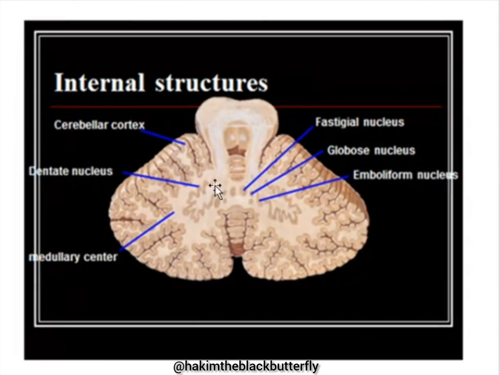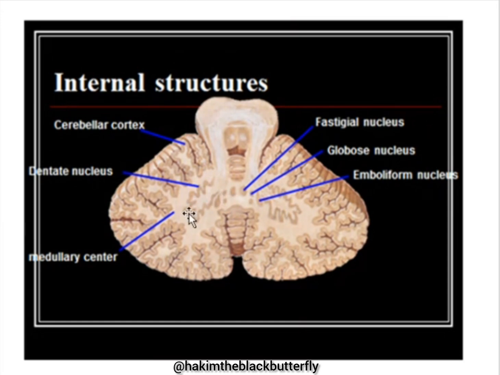So you can see the dentate nucleus is this one. The fastigial is that one. Then these two, the emboliform and the globosus, is split into two. Because they are between the dentate and the fastigial, that is why they are known as the interposed nuclei.